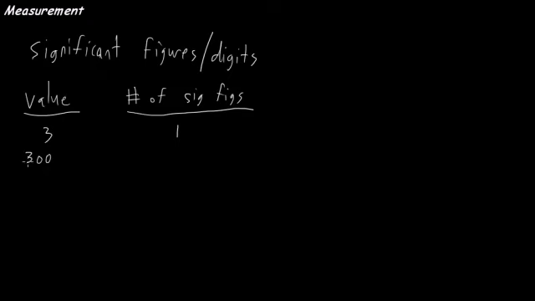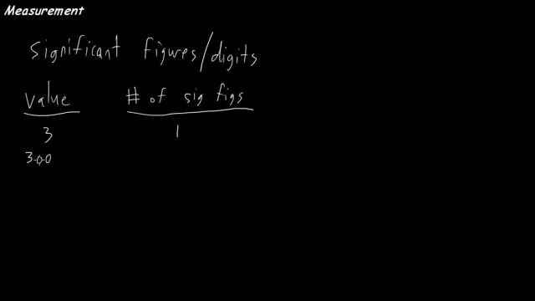But when we see a number written like this, the zeros have to be there as a placeholder. They're not necessarily expressing any more certainty. So this number actually has one significant figure, and that's the 3. If I wanted to communicate that those zeros are significant, I would write 300 with a bar over the zeros. Then I would have 3 sig figs.